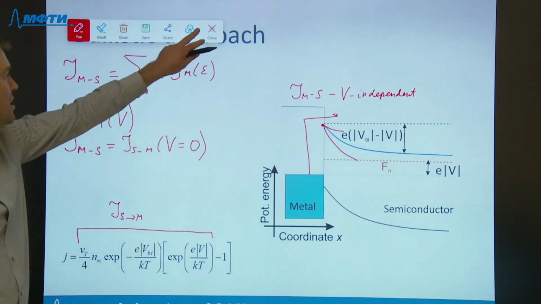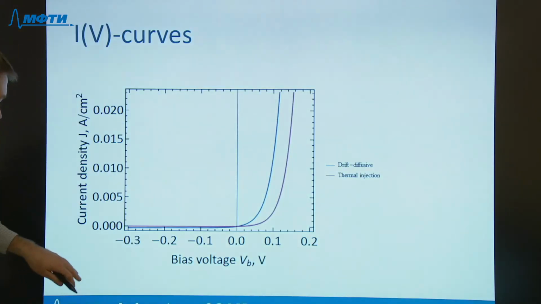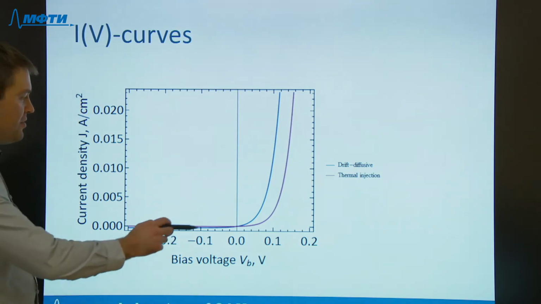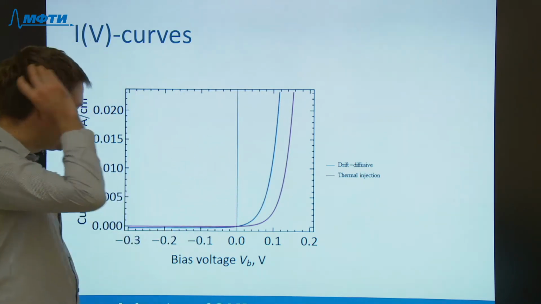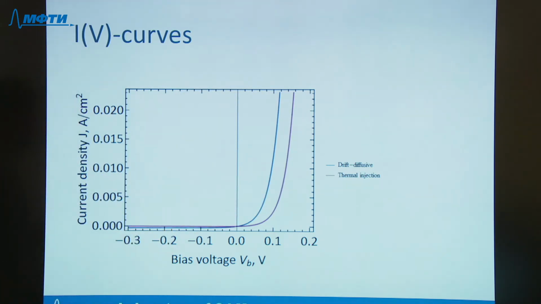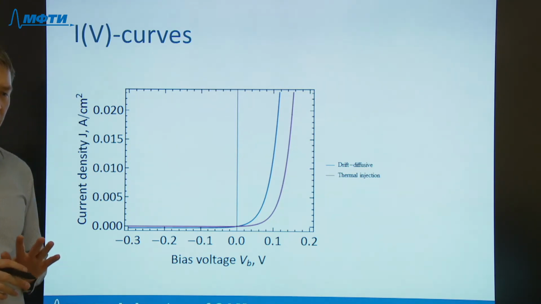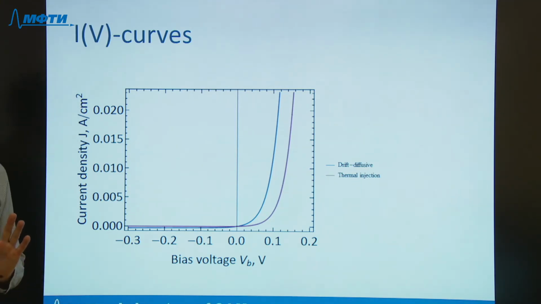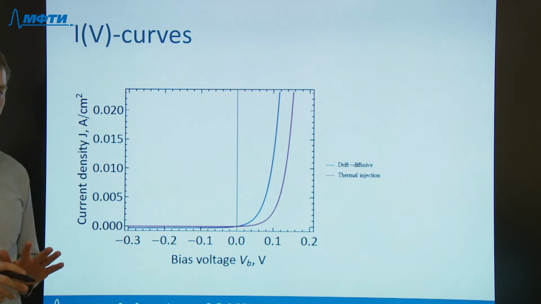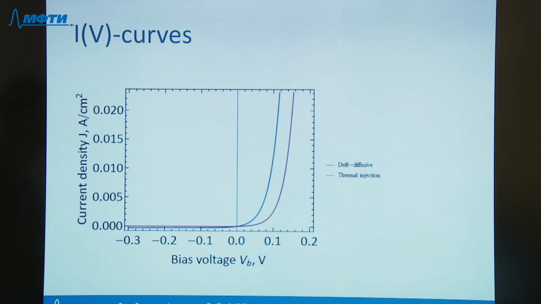The computational results for the drift-diffusive and thermal injection models are shown in the graph here. Both functions look identical. They are exponential functions of the applied voltage.